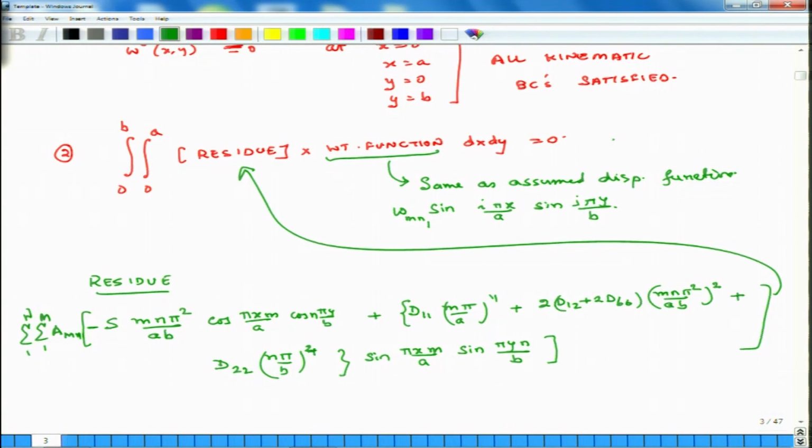From this we have to generate M times N equations.